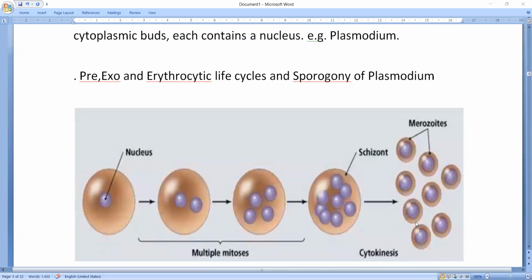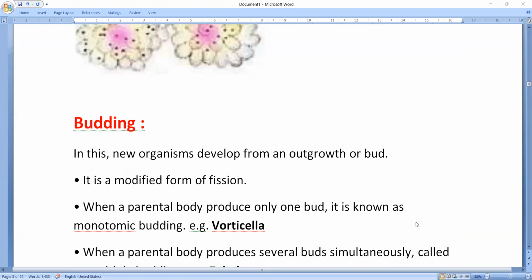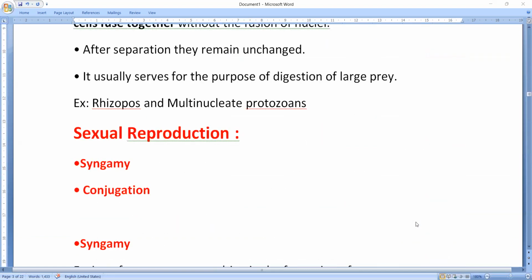And then sexual reproduction in protozoa.